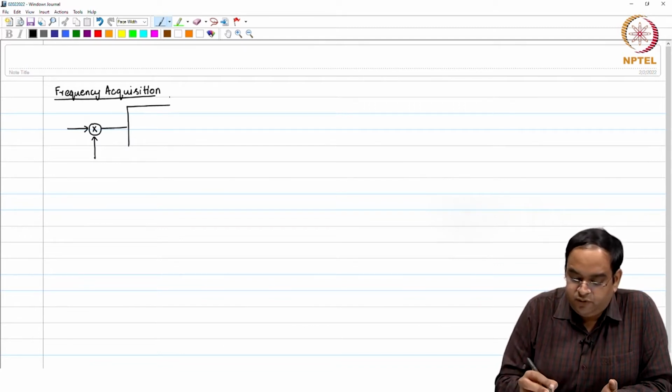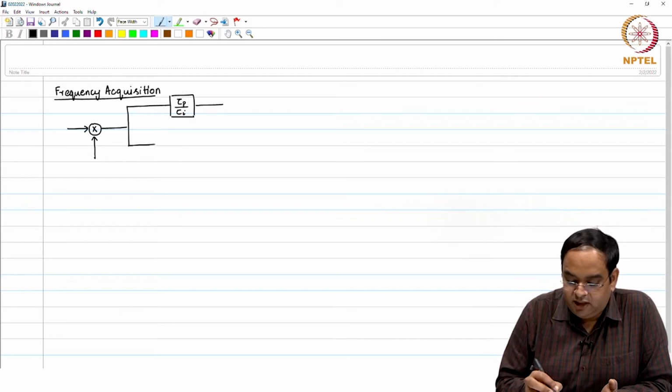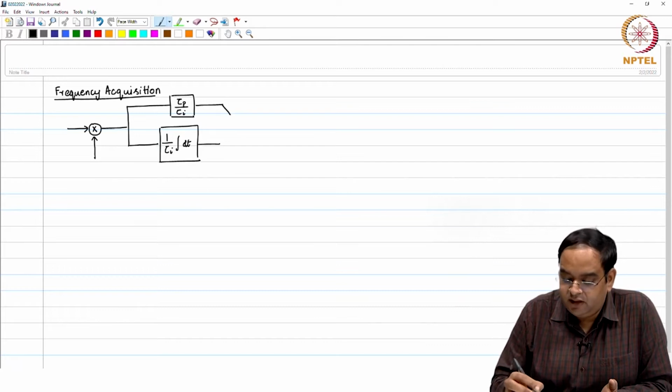At one place we had a proportional gain, with a gain tau p by tau I, and in the other path we have an integrator, and this integrator has gain 1 over tau I. Whatever function comes in gets integrated, and these two things are summed up like this, and it goes to the VCO.